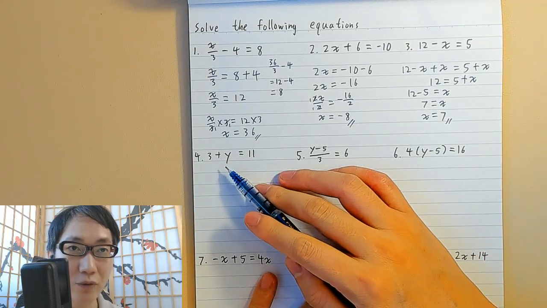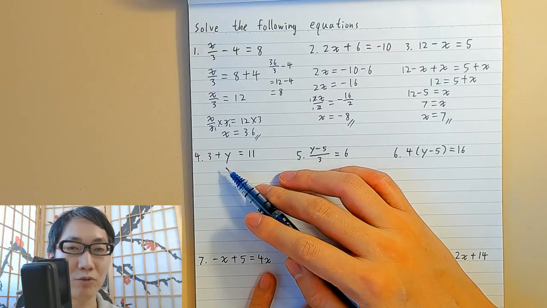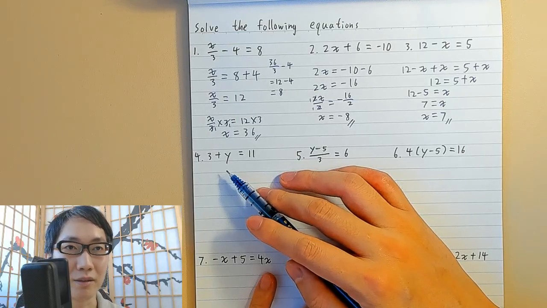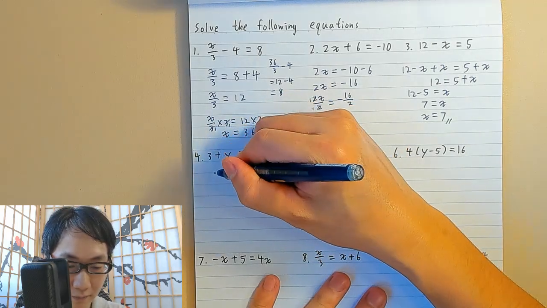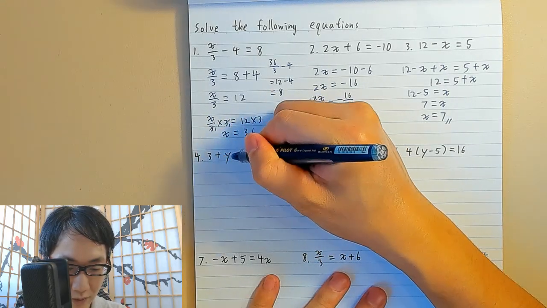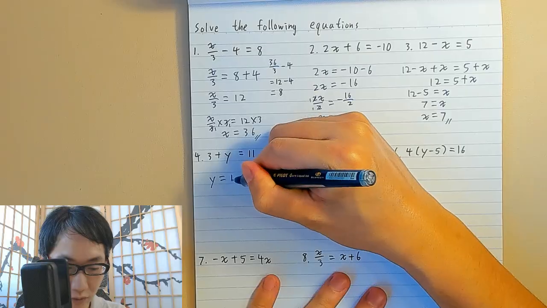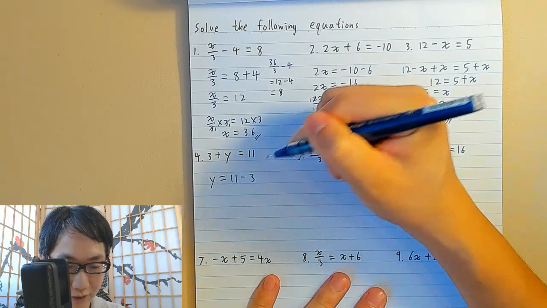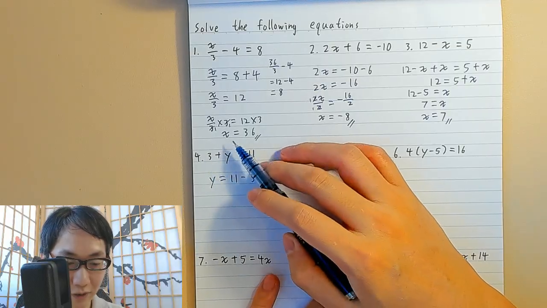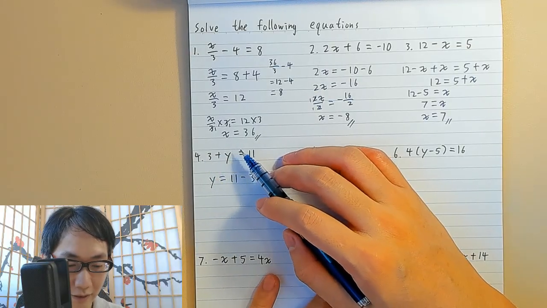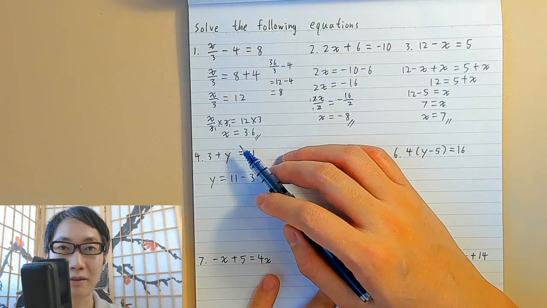Next we have number 4, 3 plus y is equal to 11. So I deduct 3 from both sides. So y is equal to 11 minus 3. I do this because for addition, the order doesn't matter.